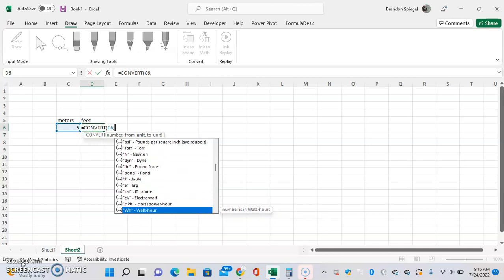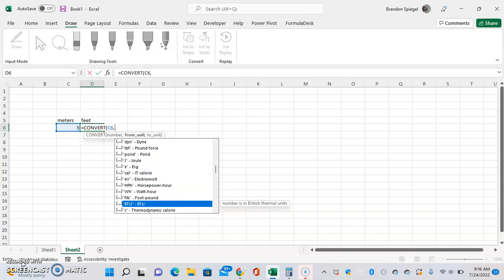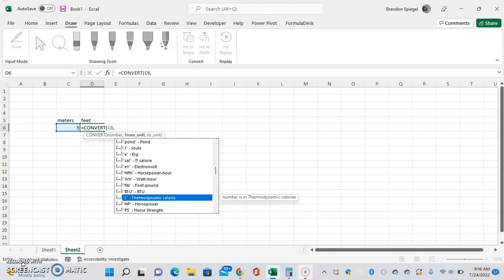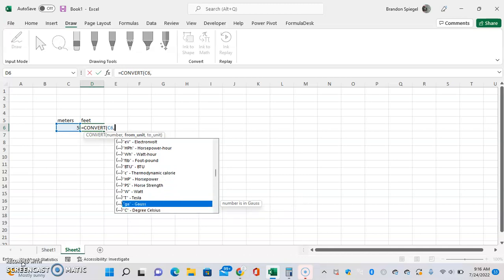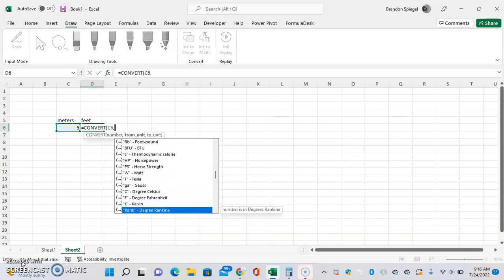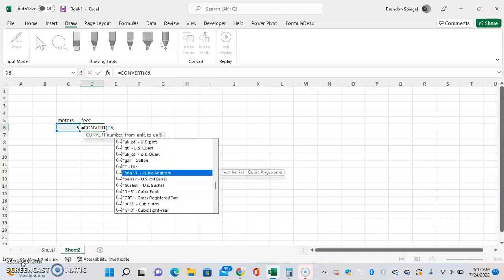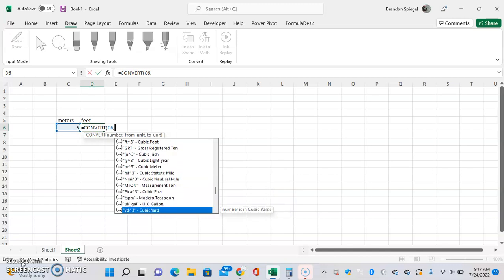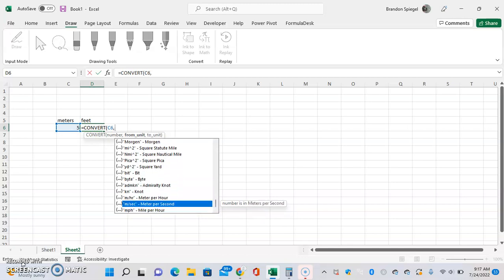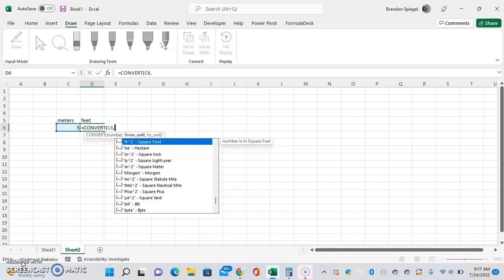Watt, hour, foot, pound, British thermal unit, thermodynamic calorie, horsepower, watt, Tesla, Gauss, Celsius, degree Fahrenheit, Kelvin, Rankine. I just want to scroll down to show you that there are a lot of units that you can use to convert. A lot of these I'm not even sure what they are, not gonna lie. You can convert a UK acre to US acre.